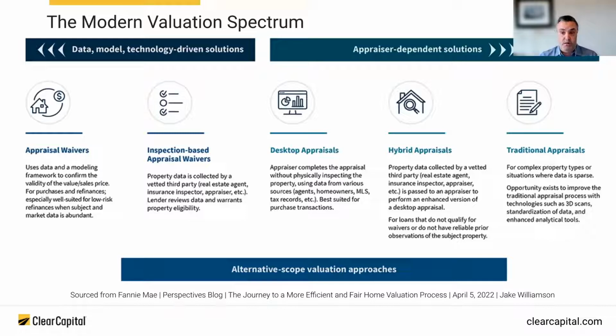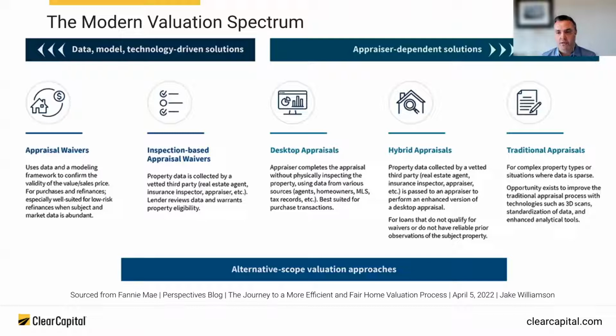So in terms of a cascade of eligible transactions, it starts over on the left-hand side with appraisal waivers. Certainly appraisal waivers are a thing for the industry, and eligible loans don't require anything beyond an appraisal waiver.